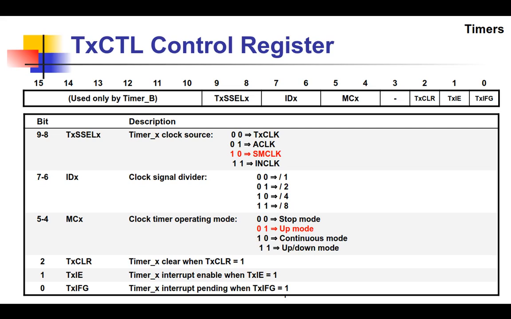Basically, it's the clock select bits, and those are bits 8 and 9. And you can decide which clock you want to use of the 4 clocks there. And so depending on what bit pattern you put there, it picks one of the clocks. Then over here on the right, there's the MC bits, and it's basically the mode. It tells you whether you're going to do stop mode, up mode, continuous mode, or up-down mode.